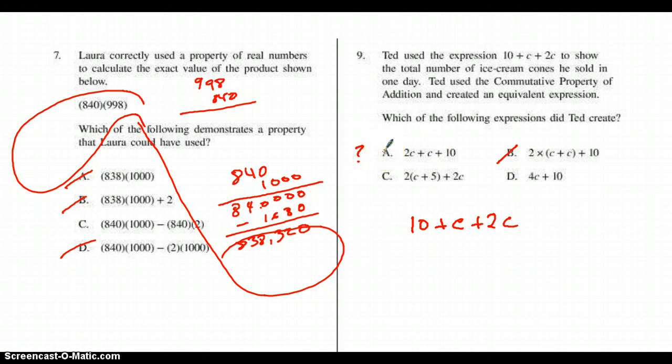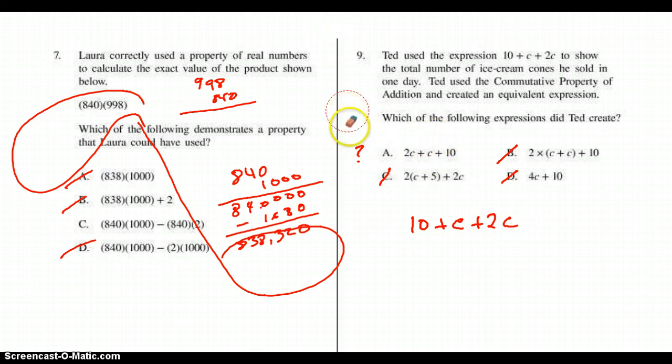C tells us 2 times C, oh my, 2 times C plus 5 plus 2C. No, that's not it. And D says 4C. I'm just wondering where the 4 came from. Oh, okay, well, that's not it. So we go back to A because it was a good fit. So we can take the question mark off.